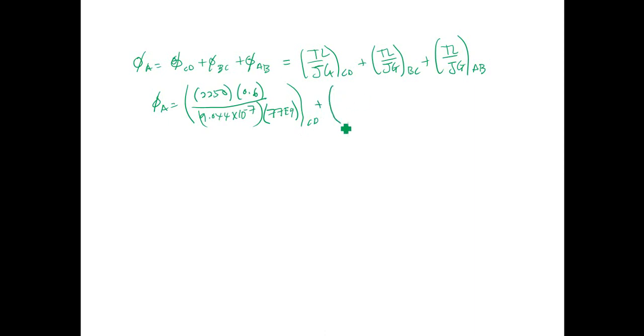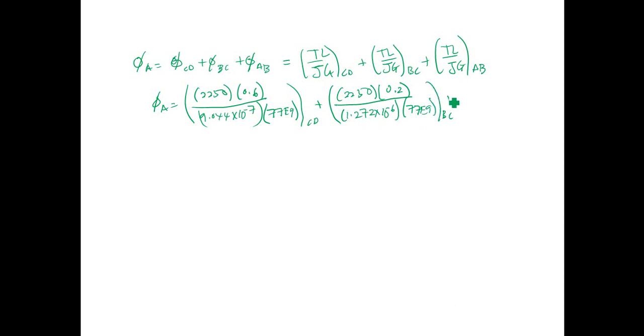For section BC, the torque is 2250 and the length is 0.2, divided by J equal to 1.272 times 10 to the minus 6 and by 77 exponent 9.